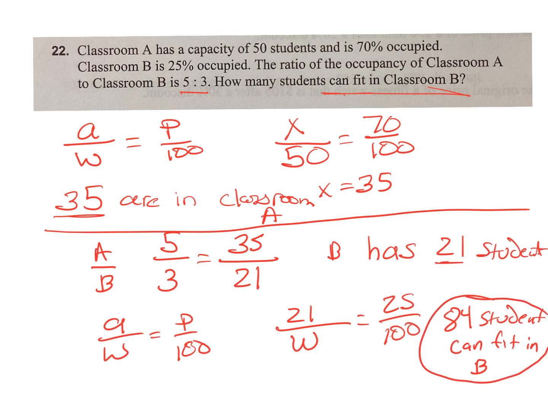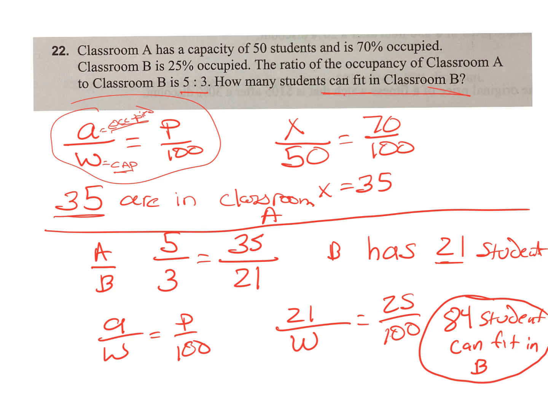It's kind of a tricky one. But if you use the proportional method, where W equals the capacity, the total, and A equals the occupied. How full is the room? Capacity is what the room can handle. Occupied is the part that is actually there.